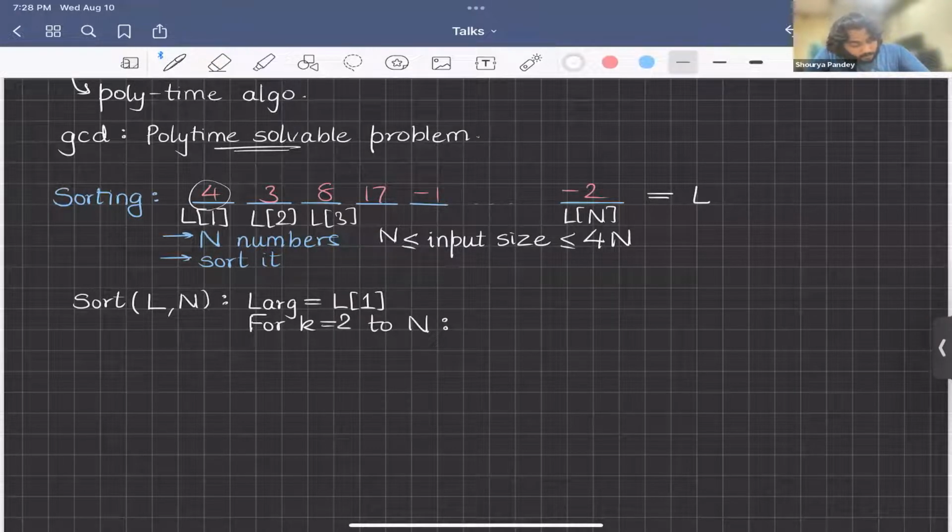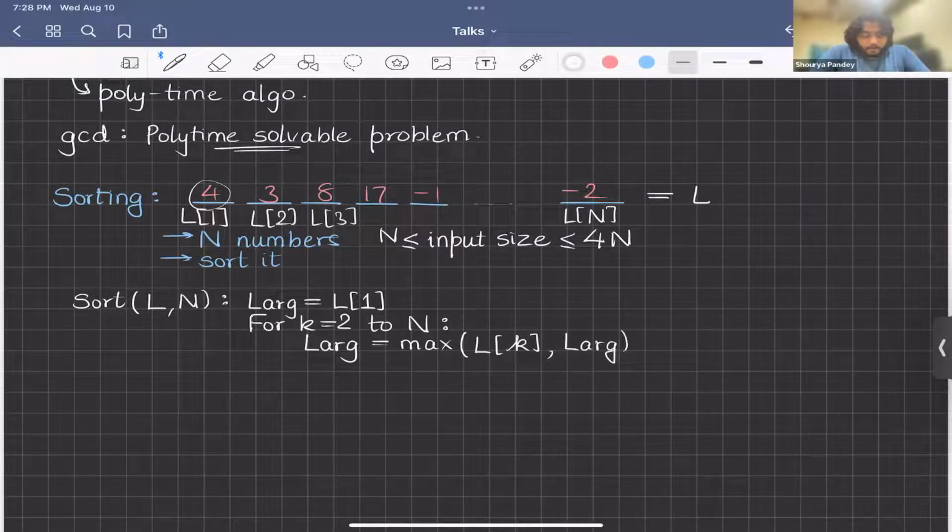And then from k equal to 2 to n, we update the largest element to the max of whatever this element is right now and the largest that I've seen so far, right?